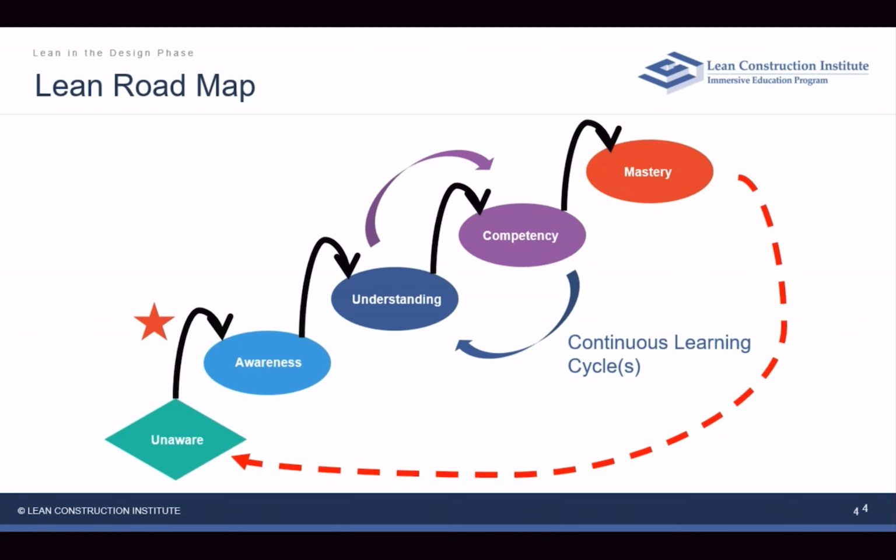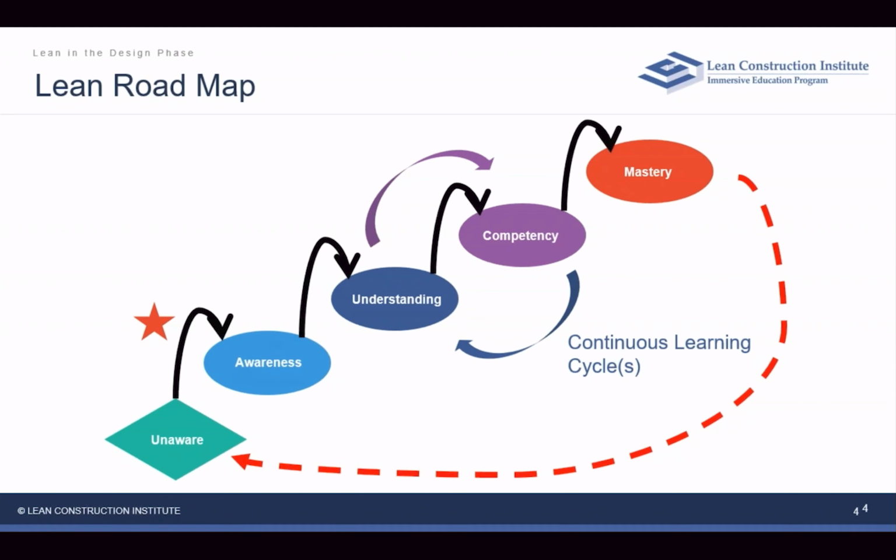Okay, so today we're going to be running through material that is related to lean in the design phase. The intent of this course is to take us from a place of relative unawareness to a place of awareness on our journey to mastery. So we're basically in this arena. This is not just blatantly unaware, but more an area where we're gaining a deeper level of awareness and even moving ourselves towards understanding.